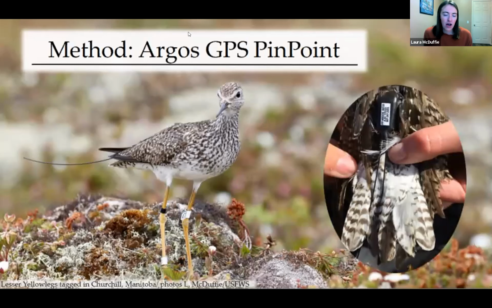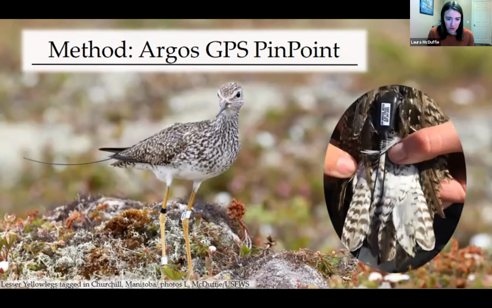The method used to meet our objectives was the use of these Argos GPS pinpoint tags. These were just mentioned by Ellie a couple talks ago, and they worked really well for this species. They collect accurate data up to 10-meter accuracy.